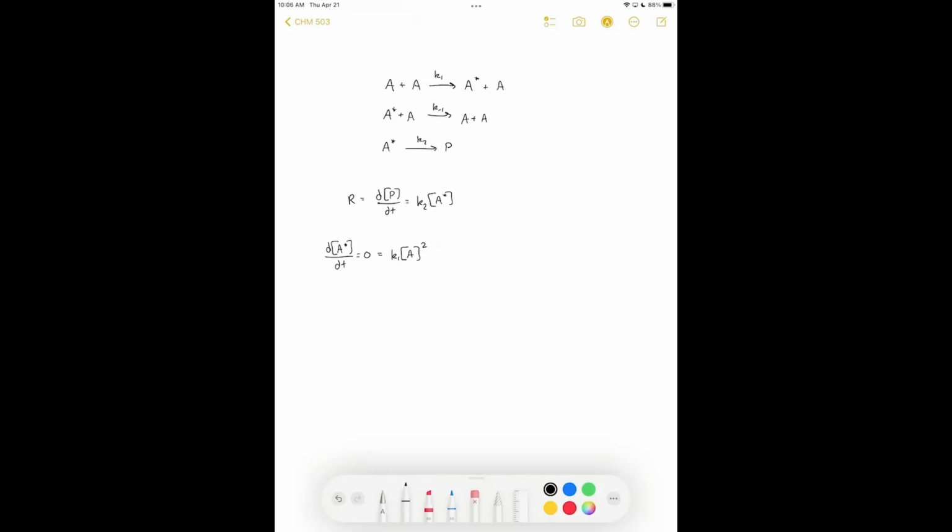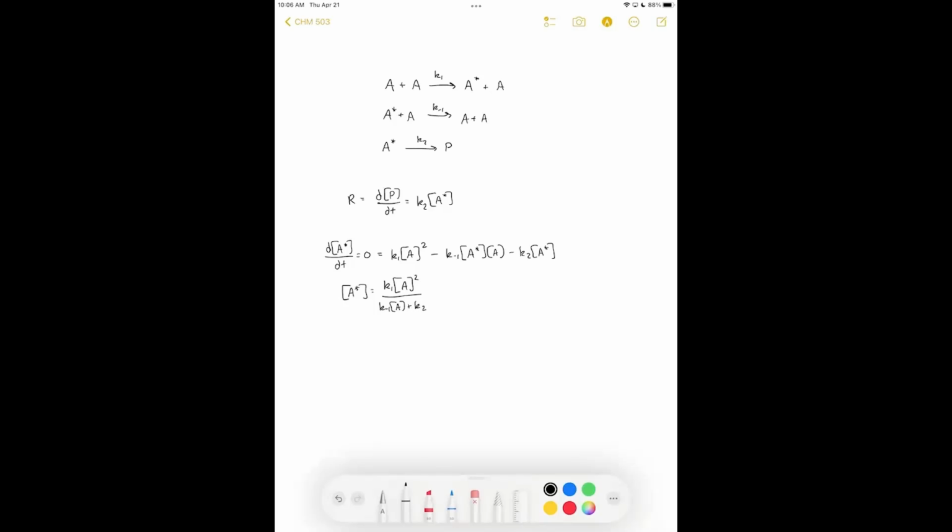And we consume this A star either in k minus 1 times A star times A, or by k2 times A star. So putting these together and rearranging, we can say that the concentration of A star is simply equal to k1 times the concentration of A squared divided by k minus 1 times the concentration of A plus k2.